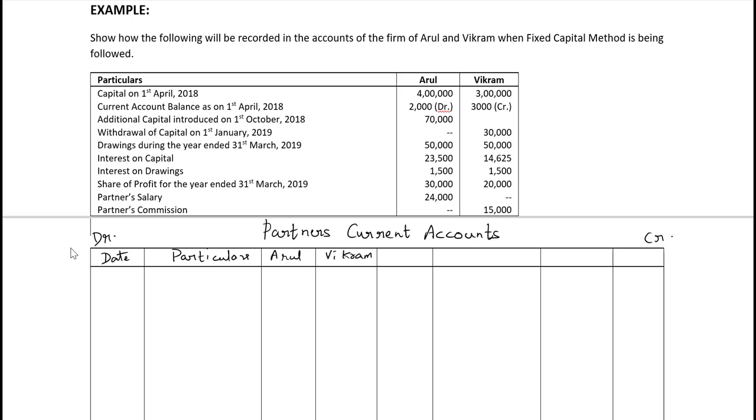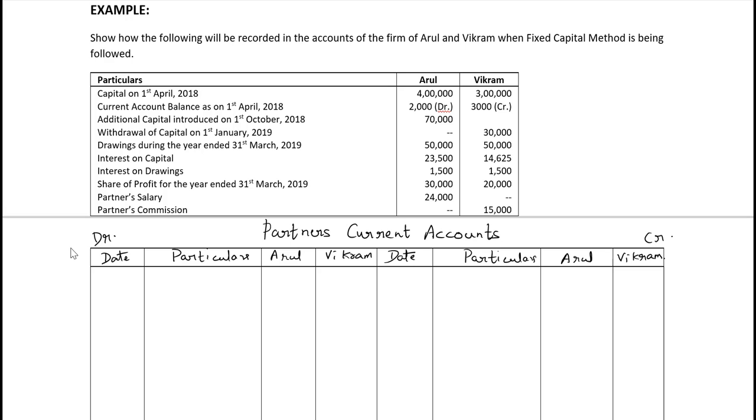On either side, date, particulars, Arul and Vikram. We need to bring down the balance of the partner's current account. When we check the question, we find that Arul has a debit balance in his current account, whereas Vikram has a credit balance in his account.